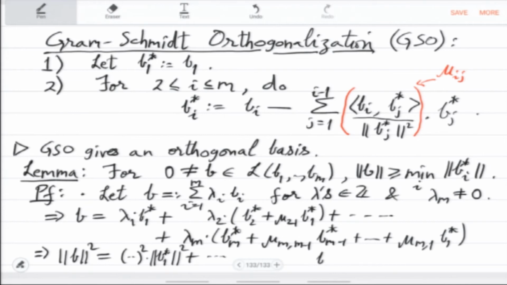So, what is the coefficient of Bm star square? It is lambda m square. Right. So, you get the sum of squares B1 star square, B2 star square, Bm star square with appropriate coefficients depending on the lambdas. And so, because of the real squaring, this is at least lambda m square Bm star square.